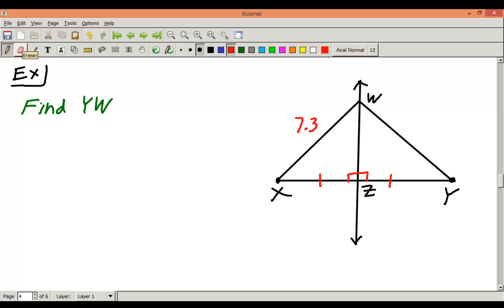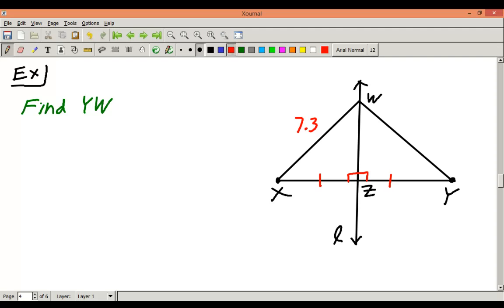So if you look at point W, it lies on the perpendicular bisector of segment XY. We can tell that because that line, which I guess we'll call L here, is perpendicular to the segment XY, and it bisects it. You can tell by the markings there. So we have a theorem that fits this perfectly, and that is, if a point lies on the perpendicular bisector of a segment, which point W does, then it is equidistant from the endpoints of the segment.